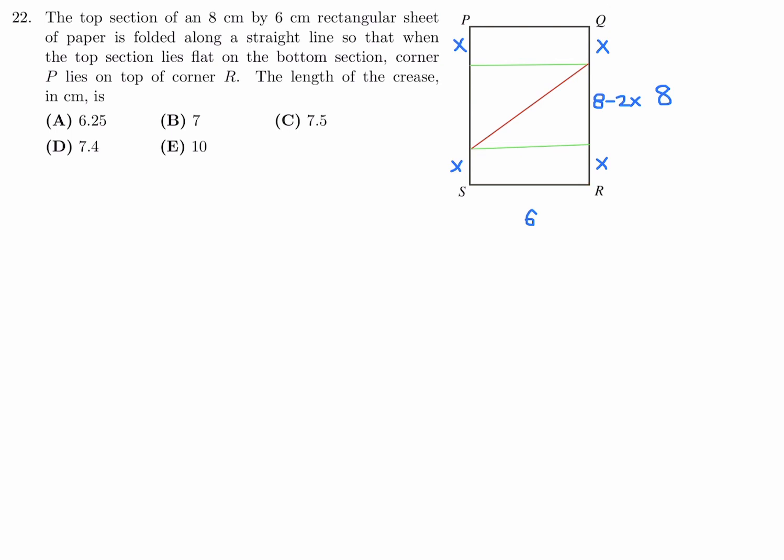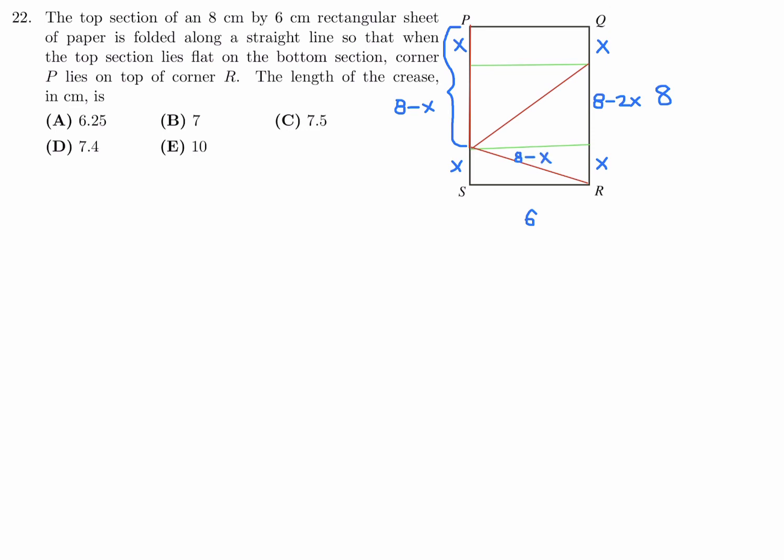So if you were to draw a line from this point to this point, you will see it matches entirely to that segment. It's identical. So those lengths are the same. Since from here to here is 8 minus x, this is also 8 minus x, so I'll just put that in there.